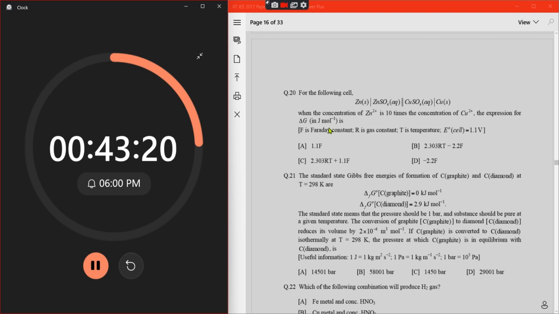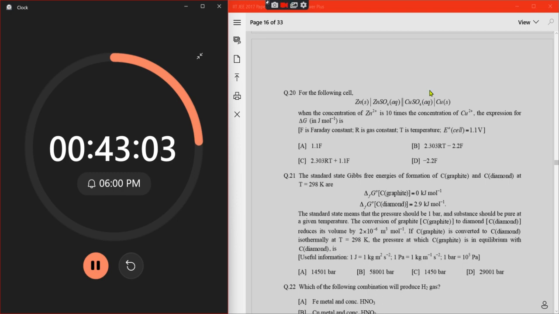That's the cathode, of course. It has to be the positive one. That's the cathode. So delta G will be negative nFE. So you can add, just negative nFE standard.